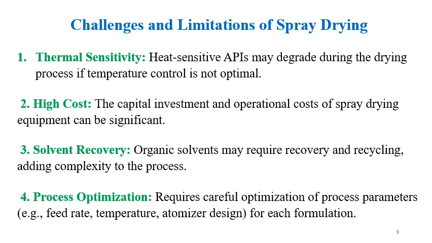Process optimization. Spray drying technology requires careful optimization of the process parameters, and critical process parameters are required to be optimized very critically for each of the formulation. So CPPs involve feed rate, inlet temperature, outlet temperature, and spray automation.